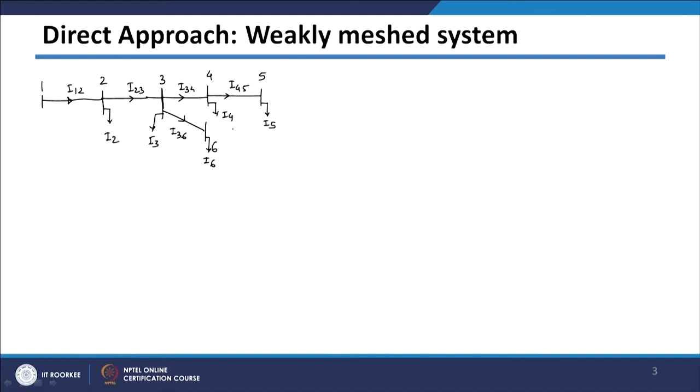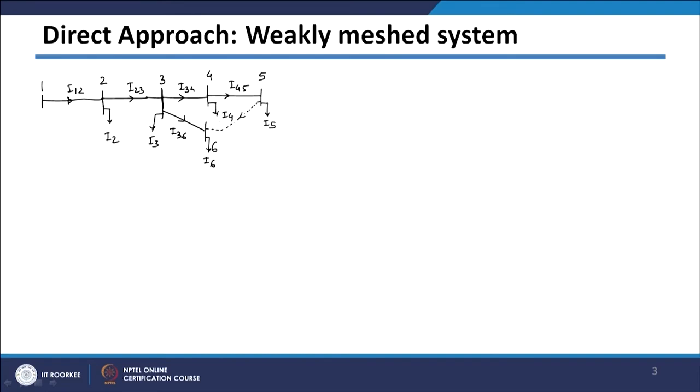Now, let us consider a weakly meshed system where this node and this node are connected, such that one loop gets formed here when you connect node 5 and node 6.